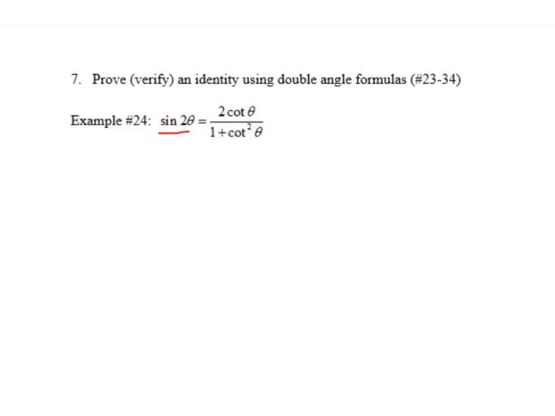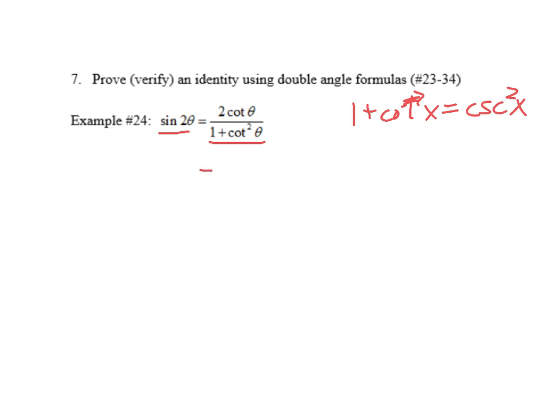So on the right, you could do this a couple of ways, but I'm hoping that you see right away there's a 1 and there's a squared. Think back to those Pythagorean identities that we use so frequently, and remember that 1 plus the cotangent squared of x equals cosecant squared of x. Anytime you can get rid of 2 terms and make it 1 term, that's the easiest way to do something.